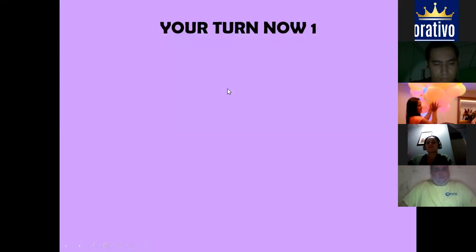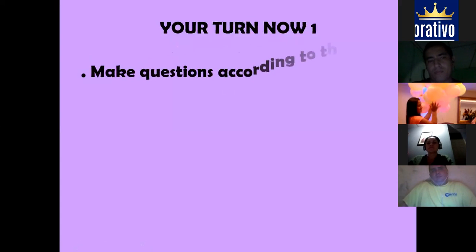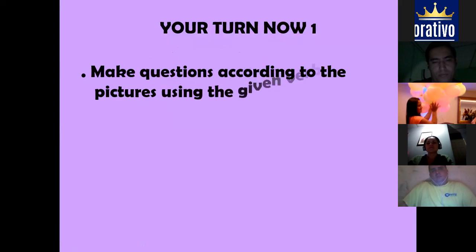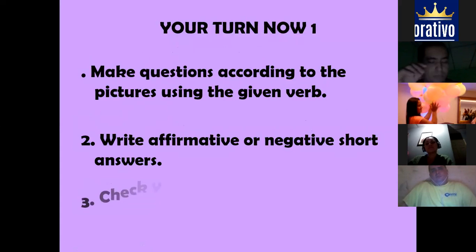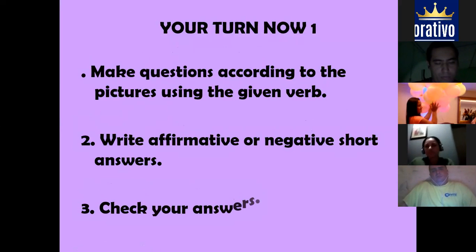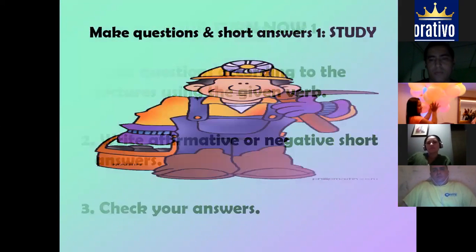So let's continue with the next slide. Let's make questions. Okay, now you will have to make questions according to the pictures using the verb given and write affirmative or negative short answers, okay?